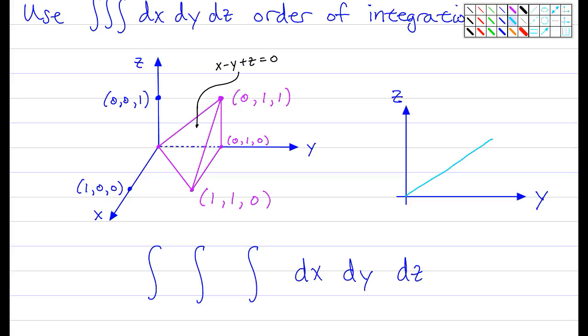I should really make a straight line. Don't want to get too sloppy. Okay, there's a nice straight line. Nice vertical line there. This is the point 1, 1. We're just forgetting about x at this point. And of course, this is 1, 0. Therefore, this is the line z equals y. And this is our region R, our shadow region R.